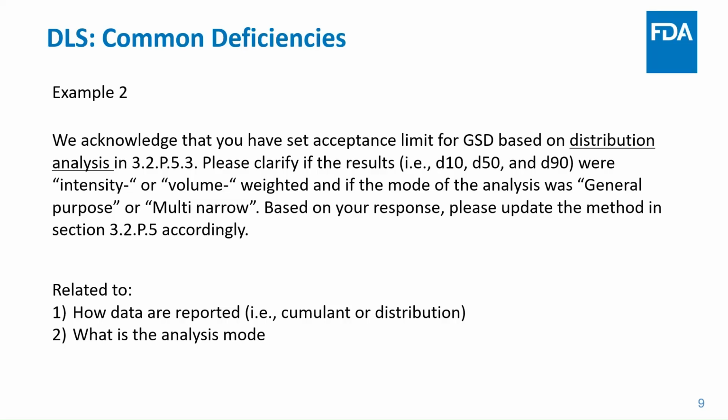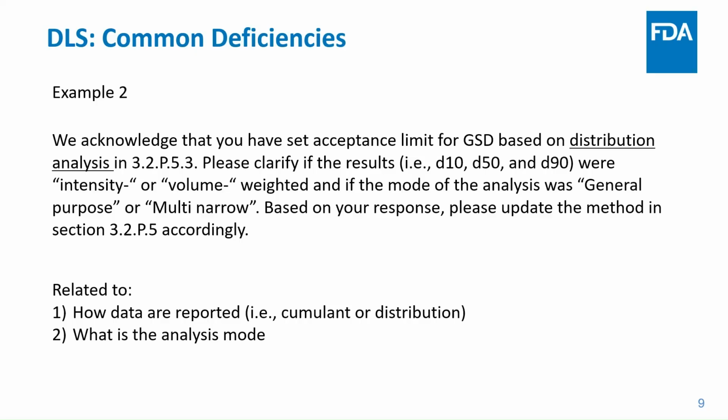Now the secondary question for distribution analysis is, what is the weighting function they're using for reporting that D10, D50, D90? Is that intensity-based, which is raw data, which is relatively safer to use? Or is it volume-weighted, which carries much higher risk? Certainly I think we shouldn't allow use of number-weighted values, because that can be totally misleading.